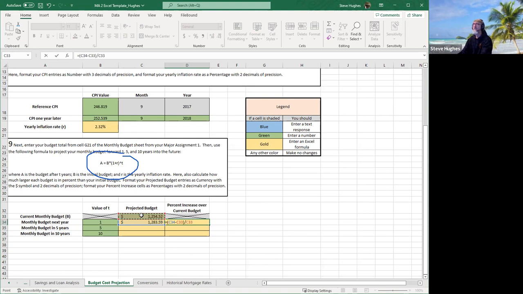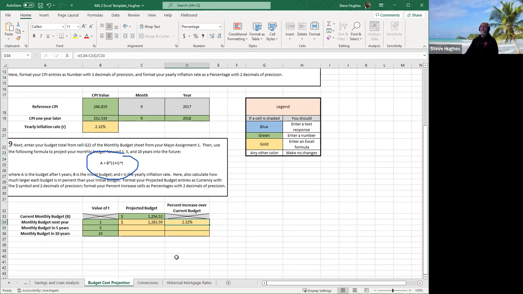All right. If you want to copy this formula, I'm going to let you guys think about which one you would want to be static, in other words, be still, and which one you'd want to move down. Okay. You're looking for the percent increase over your current budget. So what's my percent increase for year 1? It is exactly what I expected it would be, the same thing we just got up above. All right, make sure you format that correctly, a percentage, 2 decimal places, and we're good to go.